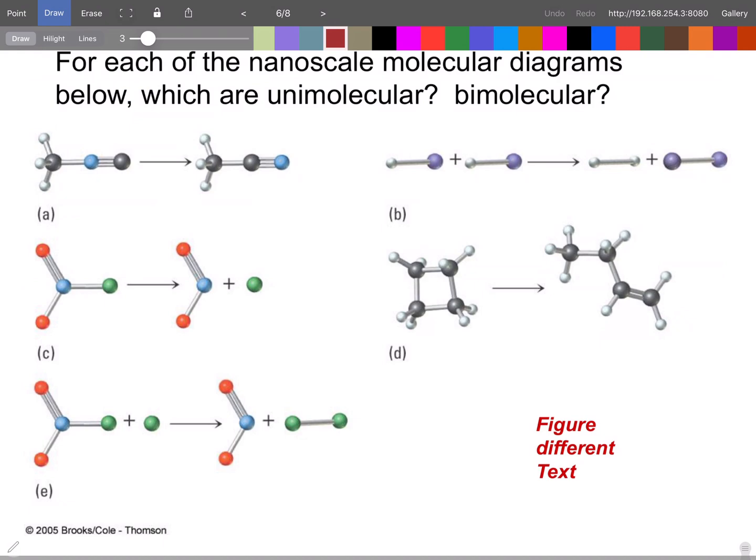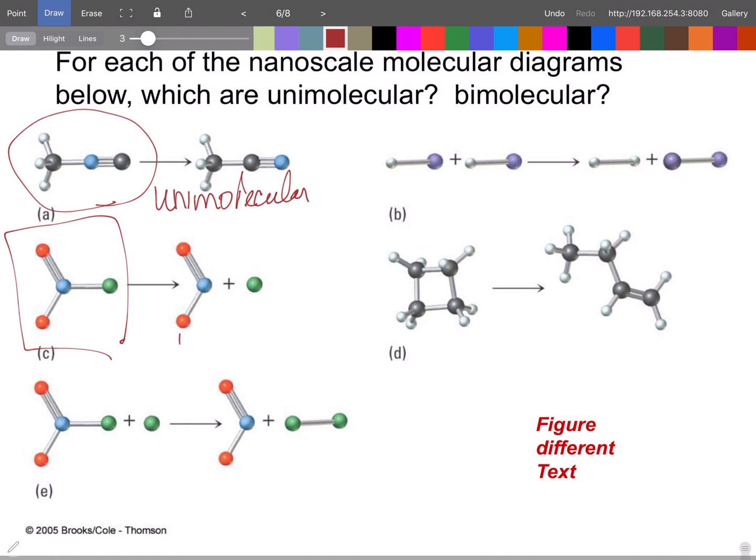So the question is which of these are unimolecular, bimolecular, whatever. So if you look at A, this is the reactant side, and that's all we look at. We have one molecule, so it's unimolecular. Instead of doing B, I'm going to go down the column. Here's again our reactant side. So again, it's 1, so it's unimolecular.